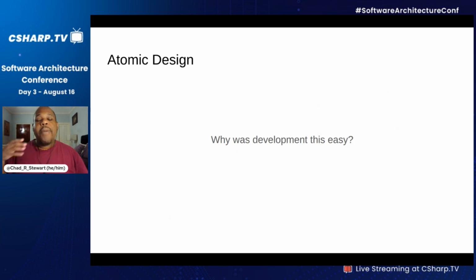So why was development this easy? Well, partially because a lot of the components were built out already. Atomic design encourages reusability. So obviously you're building your atoms and molecules to be fairly reusable, but also there's the plug and play aspect of your components, right? It's almost like putting Legos into place.